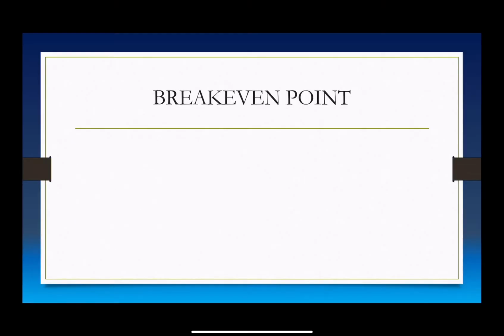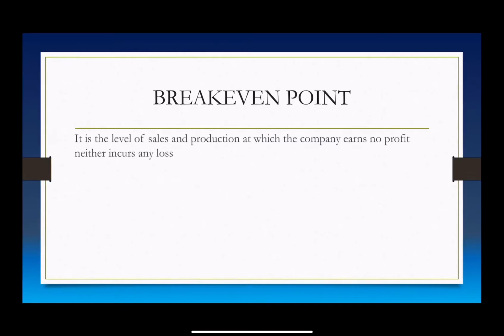So now let's focus our discussion on the break-even point. Again, break-even point is the level of sales and production at which the company earns no profit, neither incurs any loss. In other words, the total revenue is equal to the total cost.